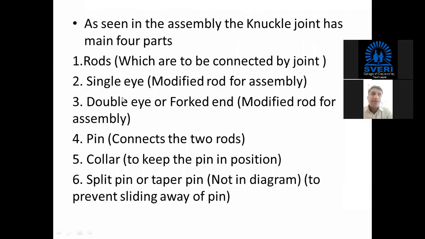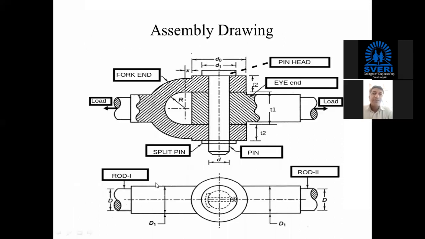One by one we can choose, first of all, the nomenclature. And later on we'll go on to calculate the dimensions, or we'll see the formulae which can be used for the particular type of stress. So you can see here, this is the assembly drawing of the knuckle joint.